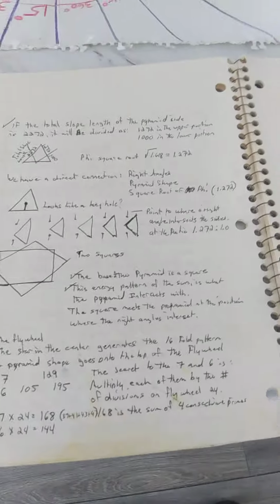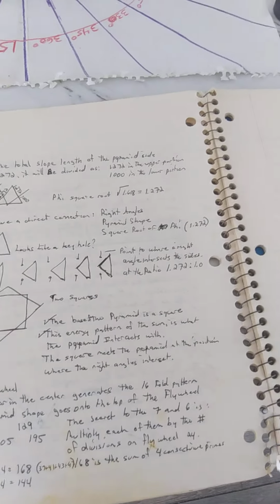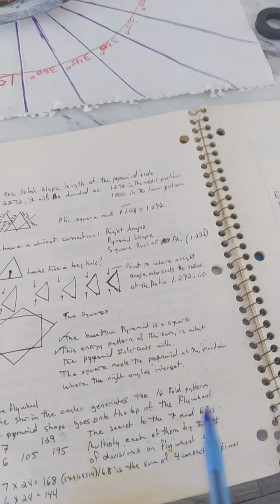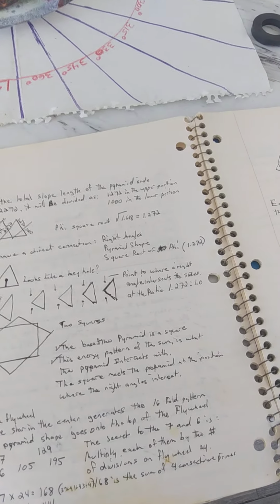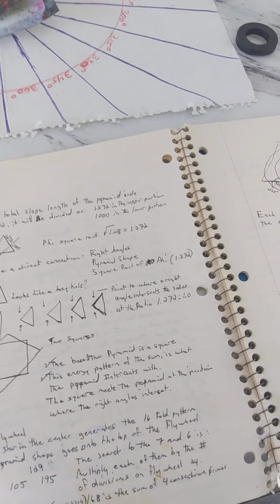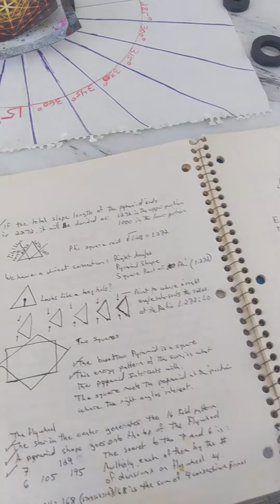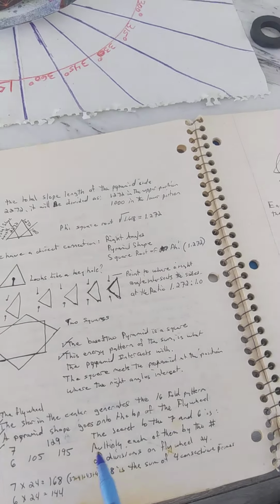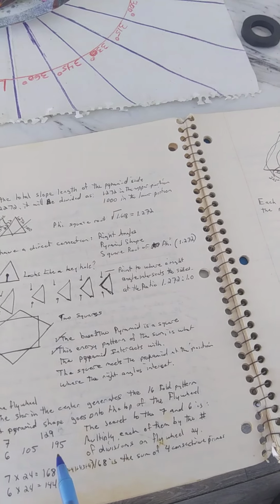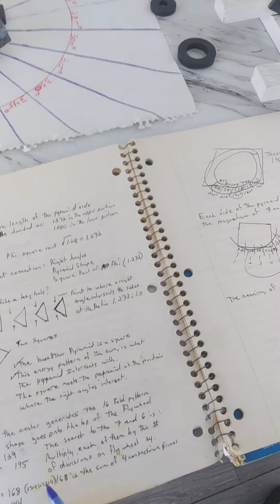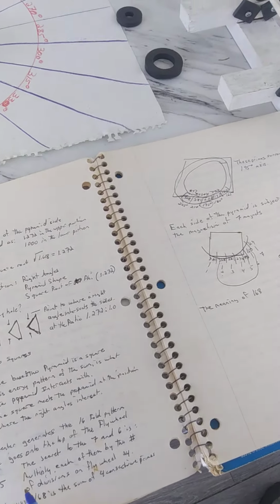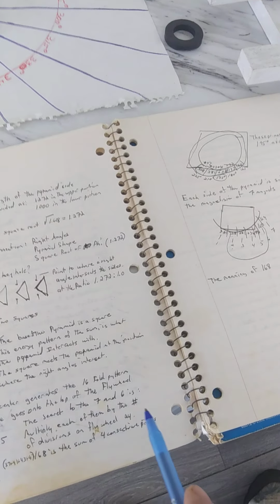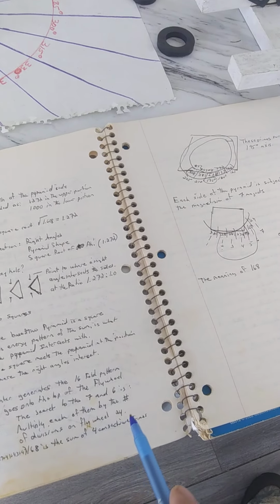Okay, so what Ed's saying is that in his flywheel, the star at the center generates the 16-fold pattern. The pyramid shape goes into the top of the flywheel. Okay, and your 7, your 129, your 6, your 105, and your 195, it says the secret to the 7 and the 6 is to multiply each one of them by the number of divisions on the flywheel, which is 24.